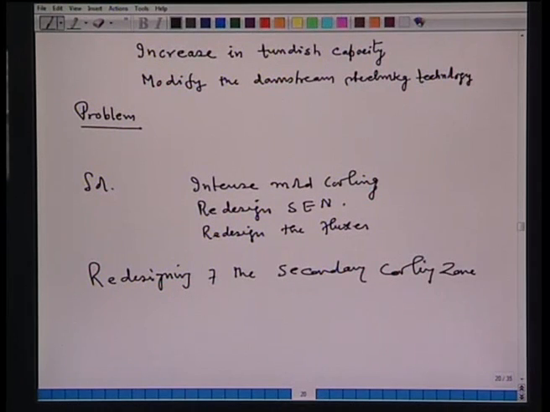Why redesigning? Now the partially solidified strain is coming at a faster speed. Earlier it was 1.5 or 2 meter, now it is probably 4 meter per minute, and the industry is thinking to go for 5 meter or 6 meter per minute because they want to increase the capacity of the hot strip mill.